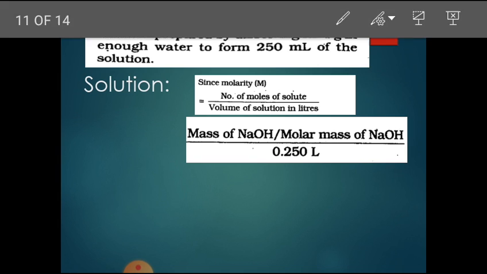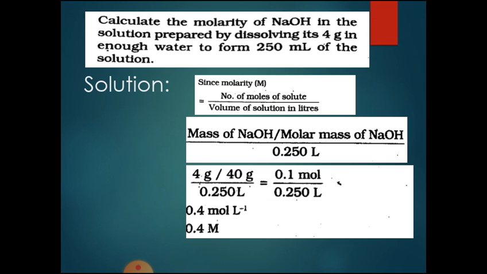So mass of NaOH is 4 gram divided by molar mass of NaOH, which we calculate as 1 into 23 plus 1 into 16 plus 1 into 1. You will get the answer as 40 gram per mole. Now divided by 0.250 liter.